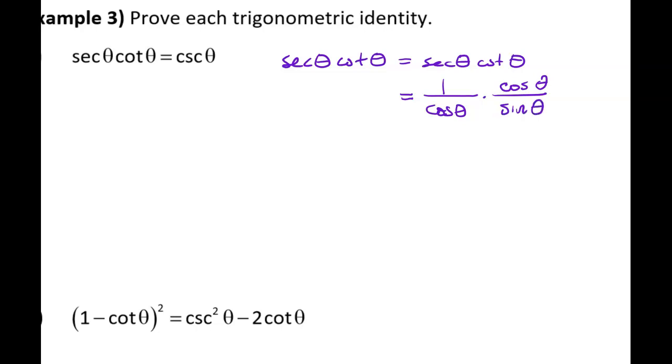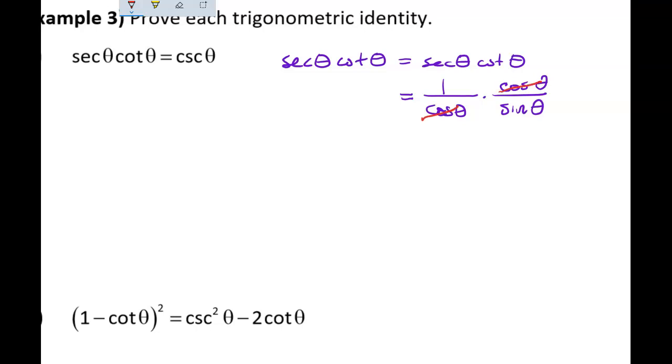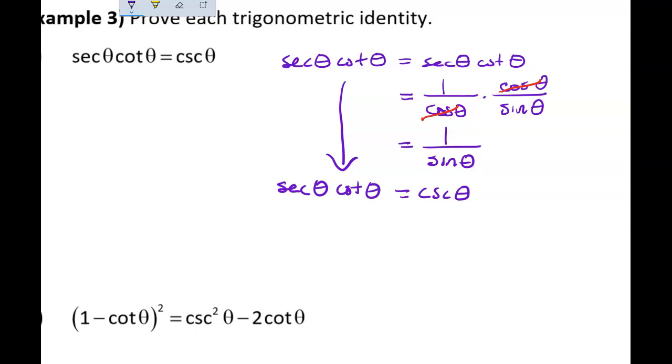Now you can grab your handy-dandy red cancellation pen, cancel those common factors of cosine of theta, and this multiplication simplifies to 1 over sine of theta, and 1 over sine of theta is equal to cosecant of theta. I'm just going to draw an arrow down since the left side of the equation is just going to be brought down to the final. And what I want you to notice here is the equation that we ended with is the equation that we were trying to prove.